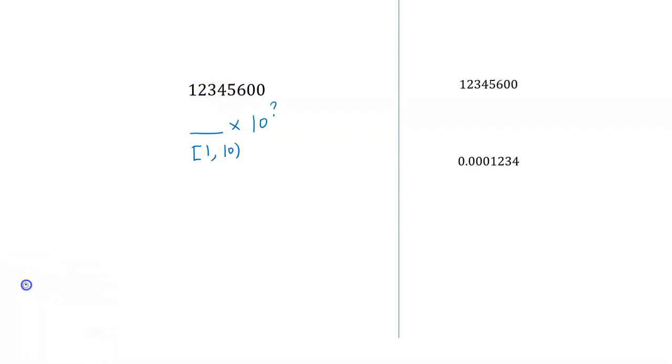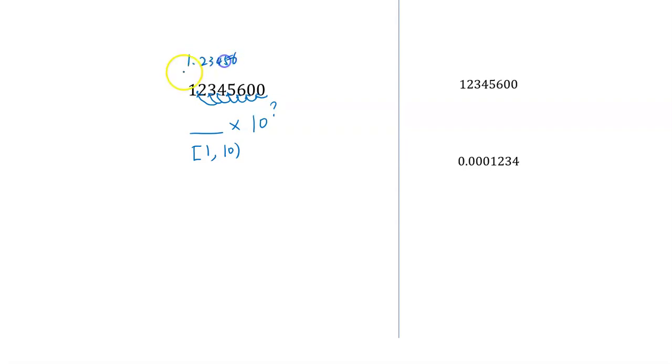What we're going to do is start from the very end of the number, put a decimal point here, and move the decimal point to the left until we reach a number between 1 and 10. So we keep going 1 time, 2 times, 3, 4, 5, 6, 7. When we get here, I can stop because I get the number 1.23456.